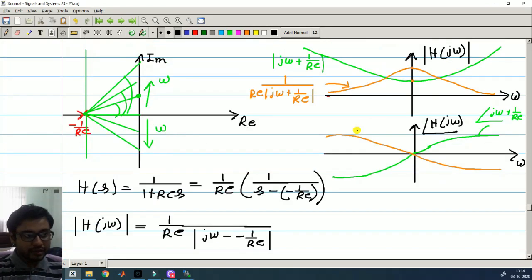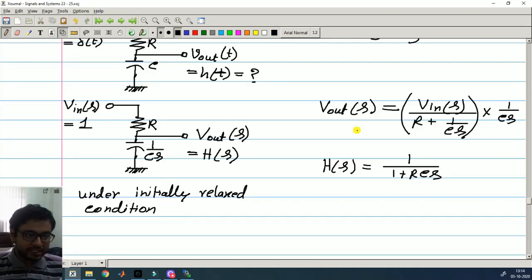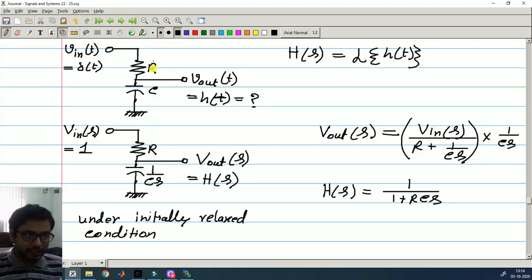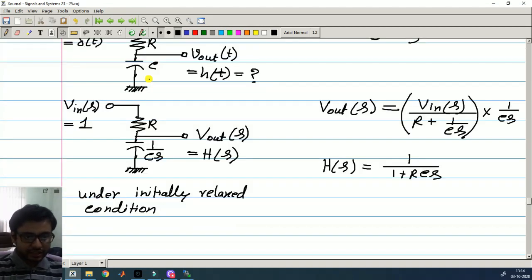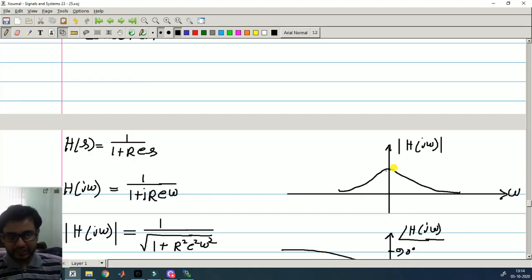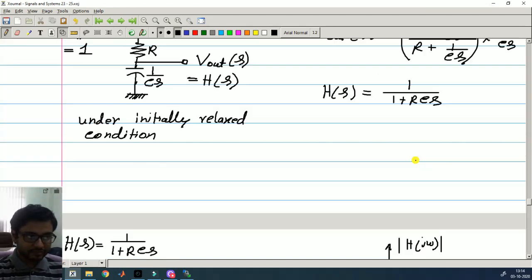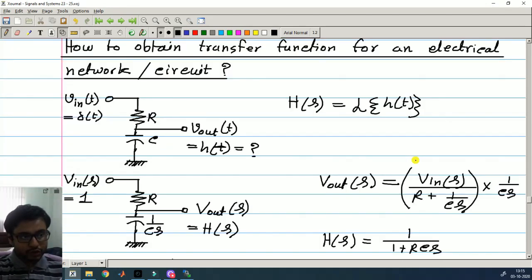For example, this electrical circuit that we have discussed is a low pass filter, as we can see from the magnitude response. It is also clear from the physical consideration of this circuit.